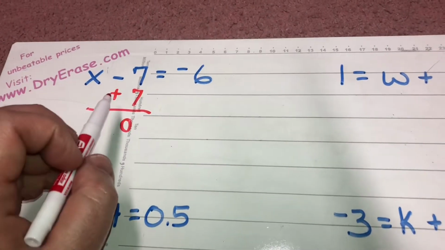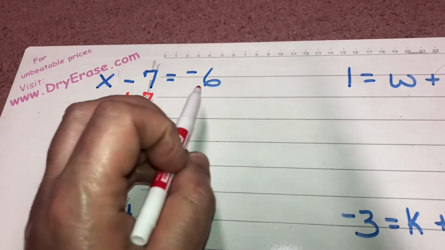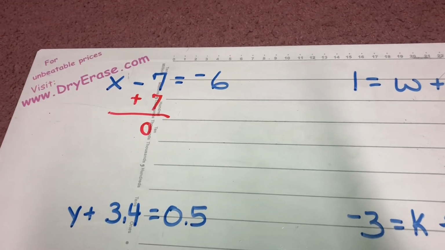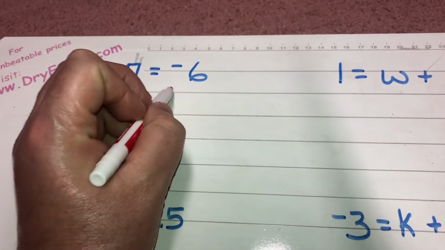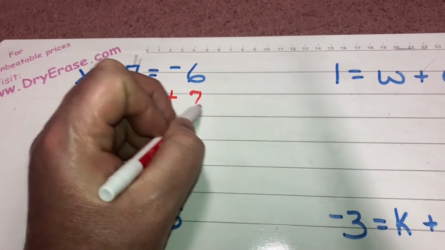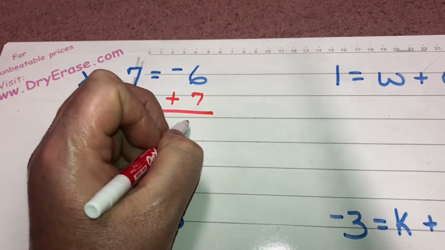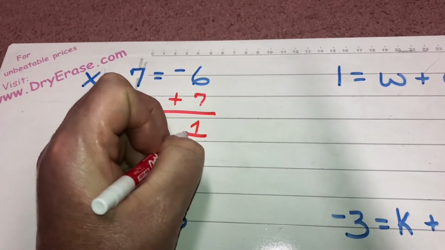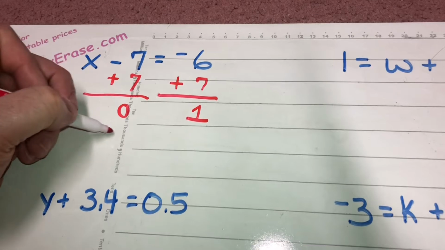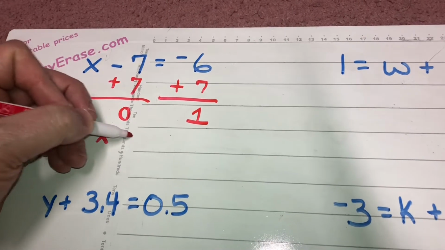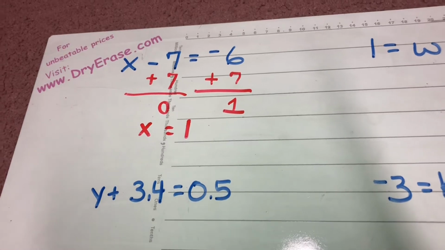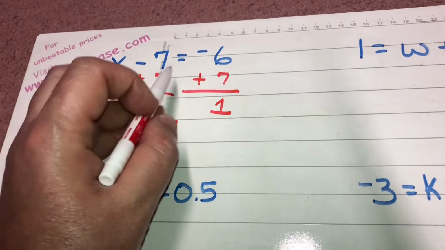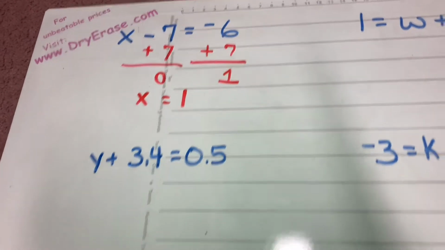But whatever I do to one side of the equation, I have to do to the other side. So if I added 7 over here, I need to add 7 over here as well. Negative 6 plus 7 equals 1. I'm left with just x over here and 1 over here. Pretty basic. x equals 1. And sure enough, 1 minus 7 equals negative 6.